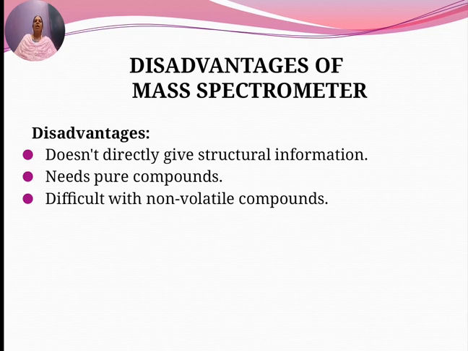Usually the compounds must be volatile in nature, but here you face a difficulty if the compounds are non-volatile, which do not vaporize. Volatile means which vaporize easily. So that is the disadvantage. You cannot directly get the structural information. The compounds being analyzed must be pure, and it is difficult to analyze non-volatile compounds.